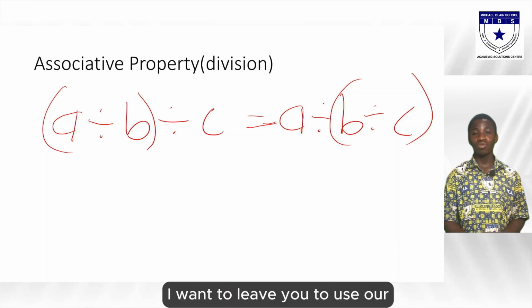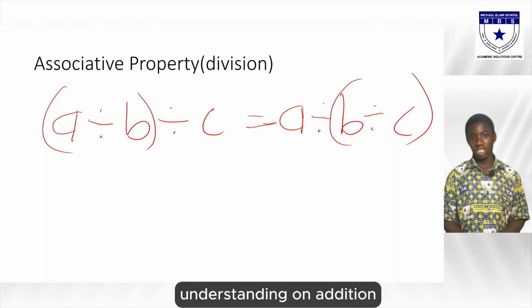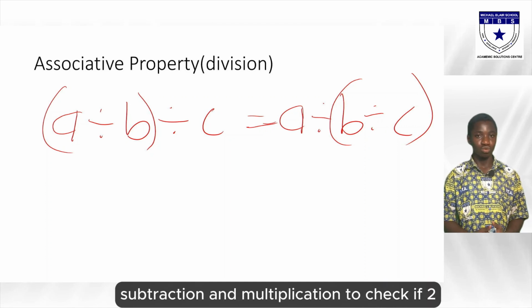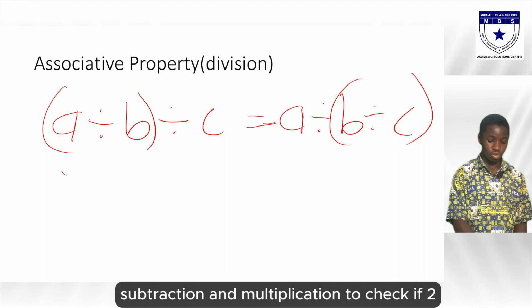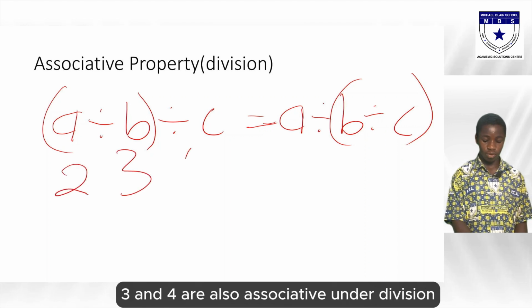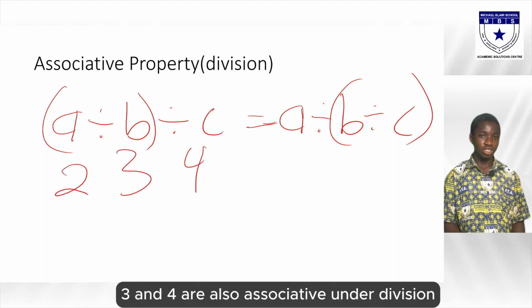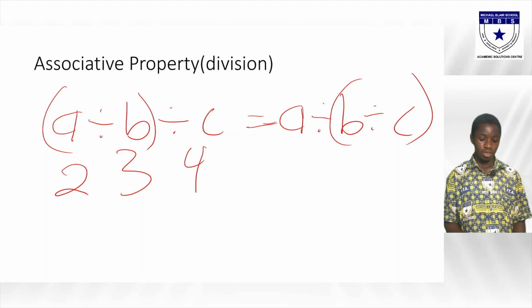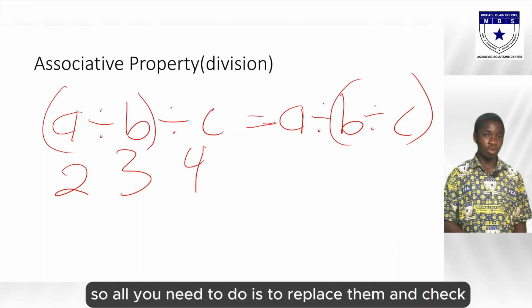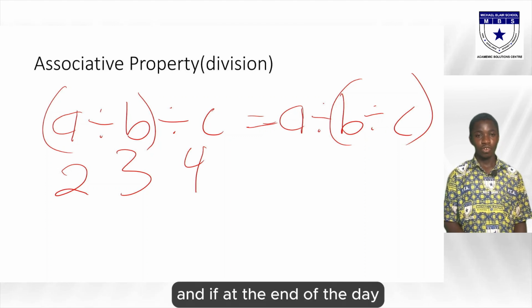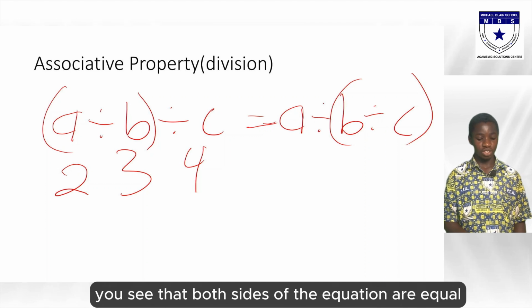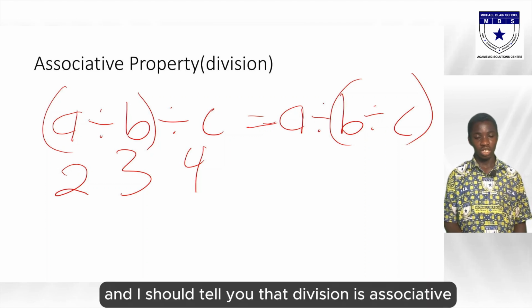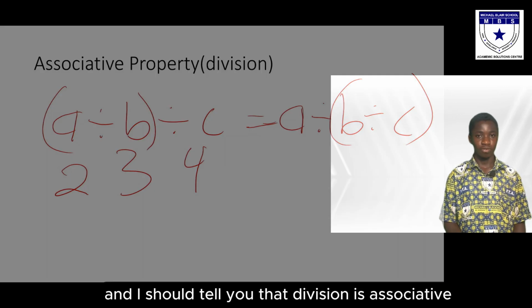I want to leave you to use our understanding of addition, subtraction, and multiplication to check if 2, 3, and 4 are also associative under division. All you need to do is to replace them and check. If at the end of the day you see that both sides of the equation are equal, then that should tell you that division is associative.